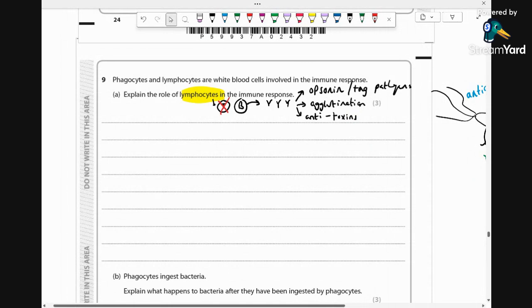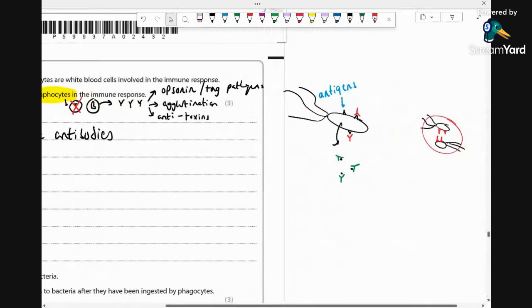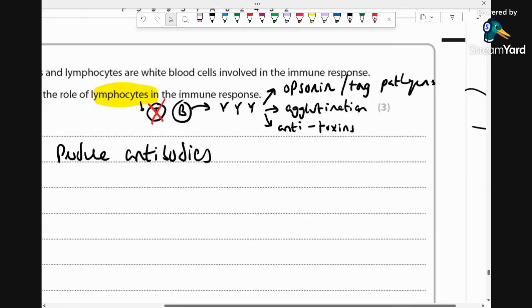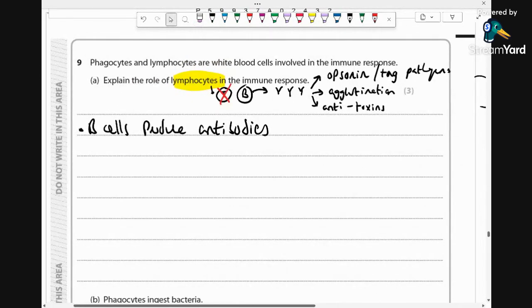So what's the role of them? Well, the B cells produce antibodies. Of course, what I forgot to say is that they can produce B memory cells as well. So memory, which I'll talk about in a minute. Important in vaccines, of course. So B cells produce antibodies. Probably worth saying what the antibodies do.